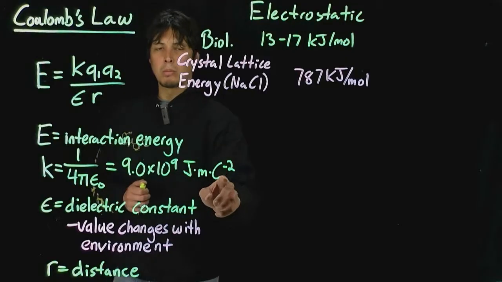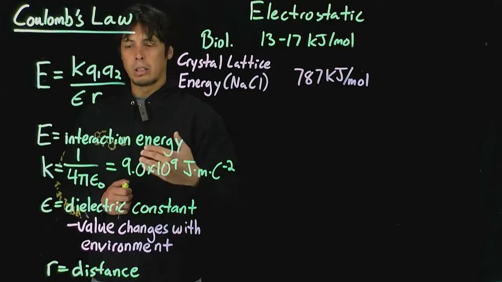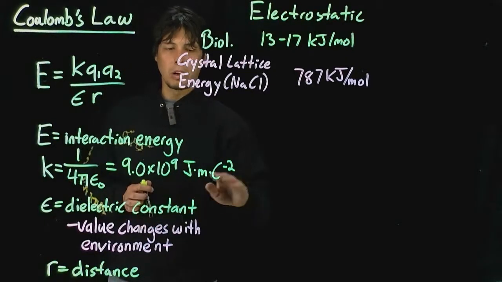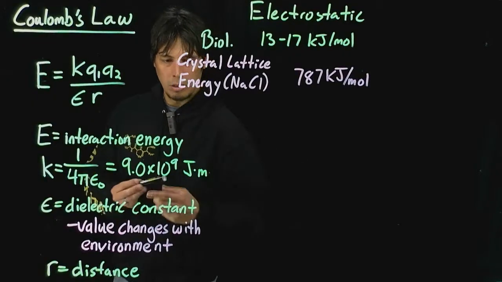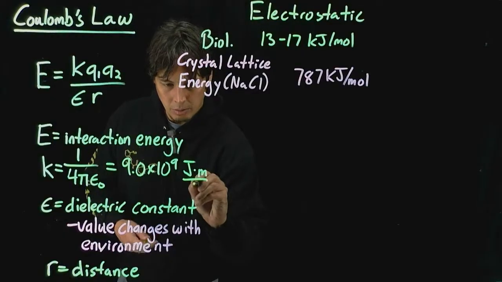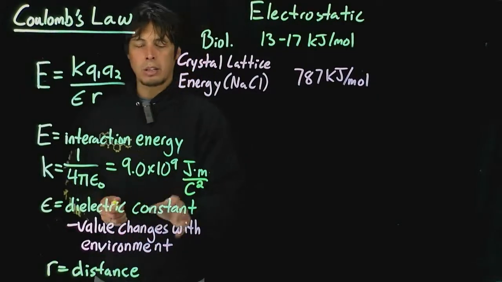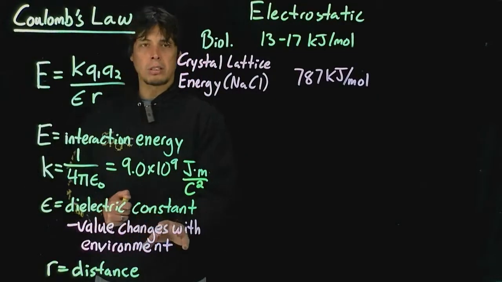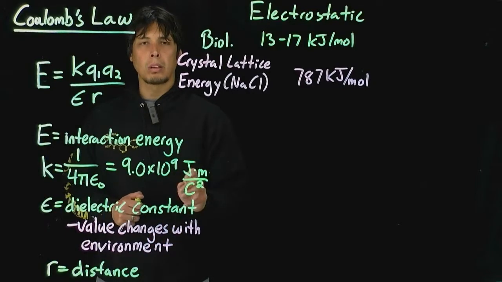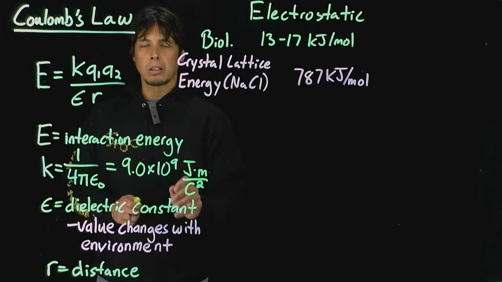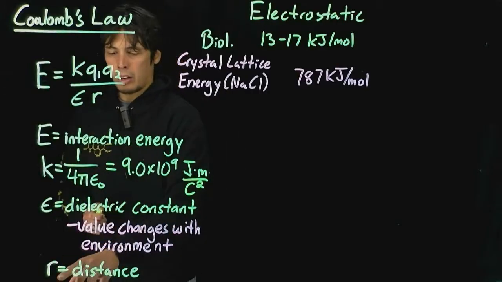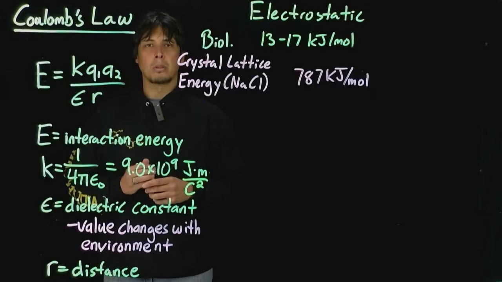Note the coulomb is in the denominator if you write it out. Epsilon is the dielectric constant, so this changes depending on what environment we're looking at the electrostatic interaction in, and this becomes really important. And then R is the distance between the two species.